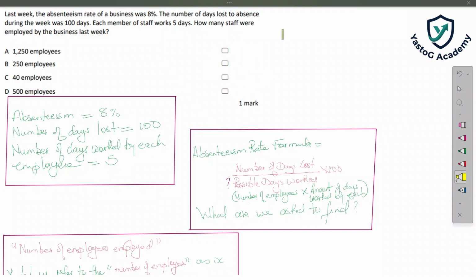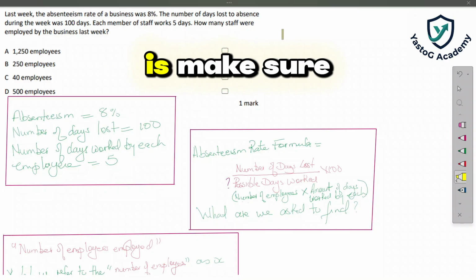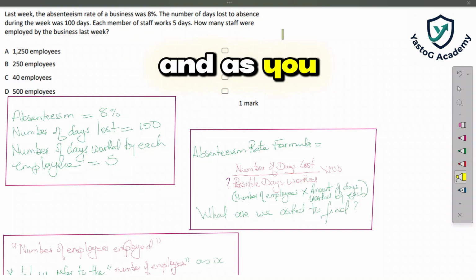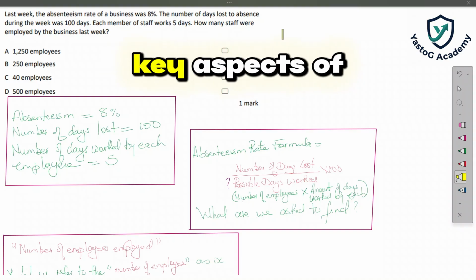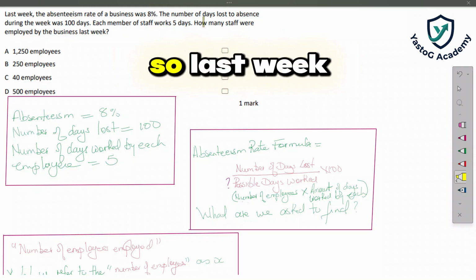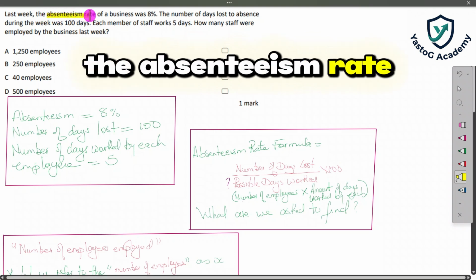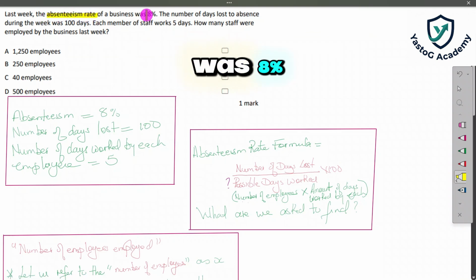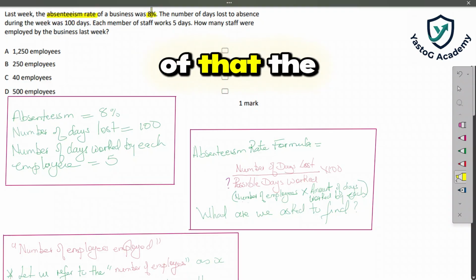So what you should do in the exam is make sure you take your pen, and as you read, you highlight the key aspects of the question. So let's start. Last week, the absenteeism rate of a business was 8%. Make a note of that.